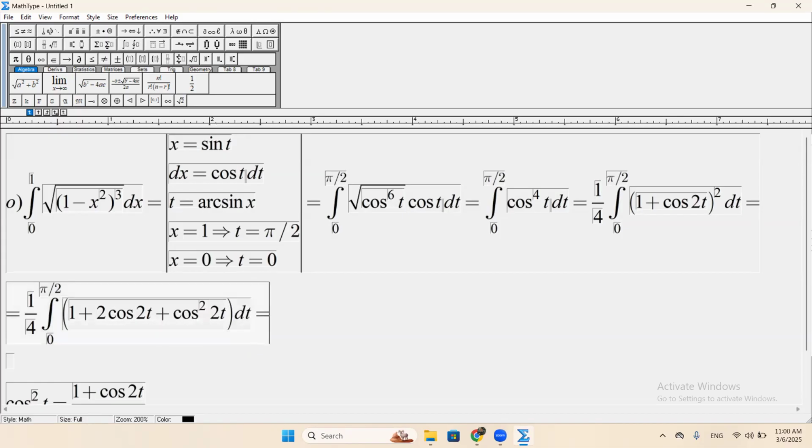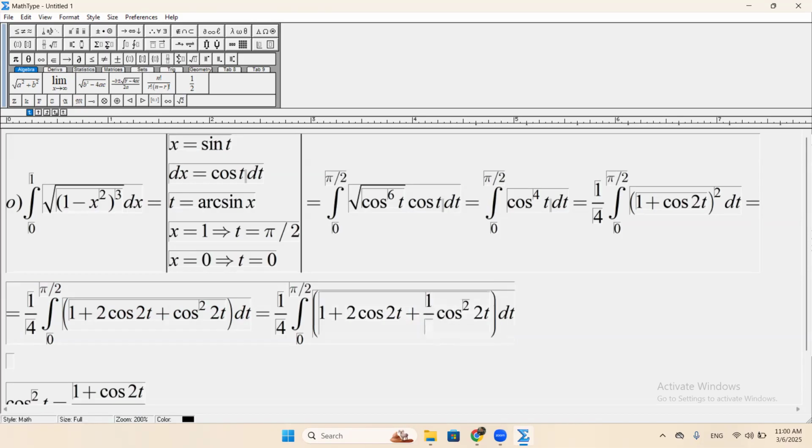Again, using the degree reduction formula, plus 1 over 2 plus 1 over 2 cosine of 4t dt. So we have the following integral.